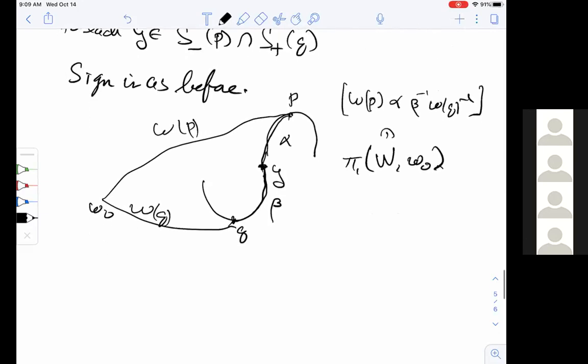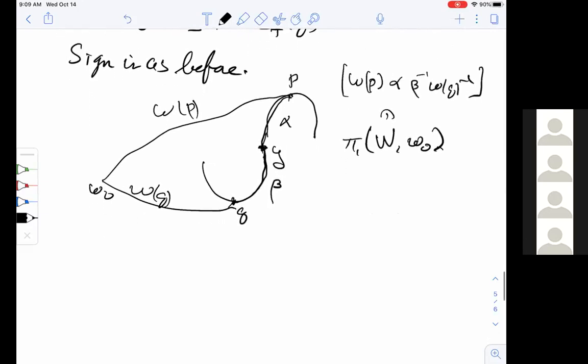Okay. So this gives me a well-defined element, which I'll call G of Y. So I have epsilon of Y, which is a sign, and G of Y for each Y in this intersection.